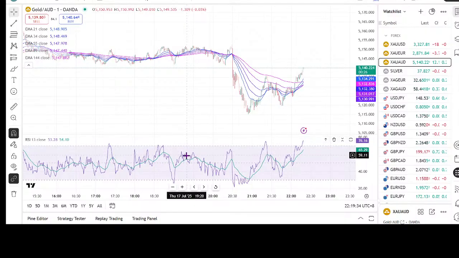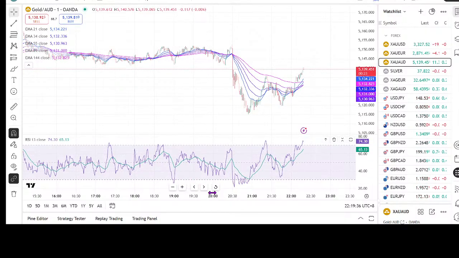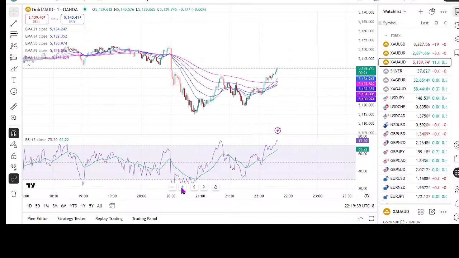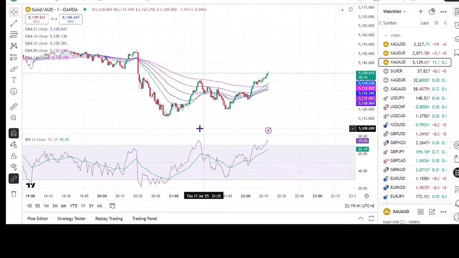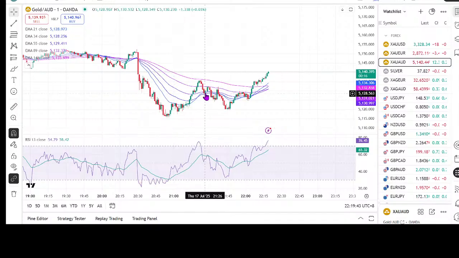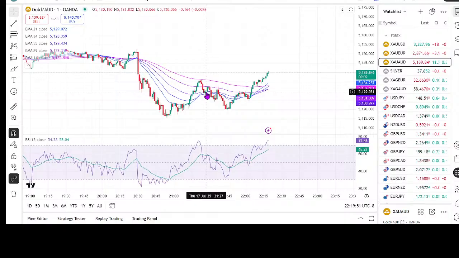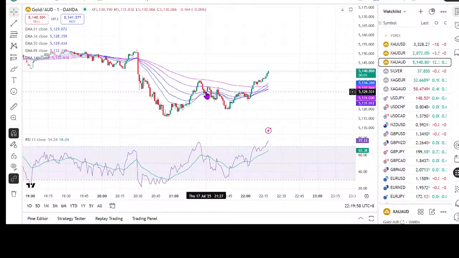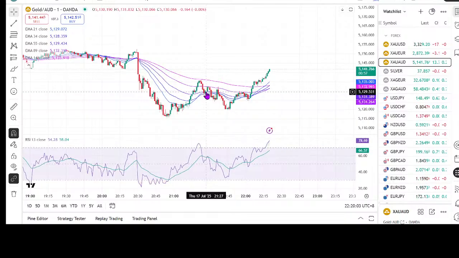Okay, until now we are not seeing any weakness. I think the second entry for the gold is also gone.